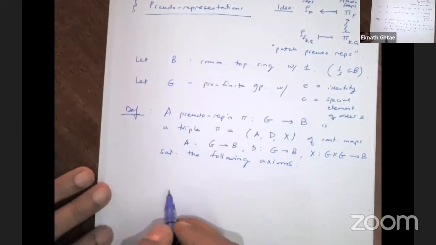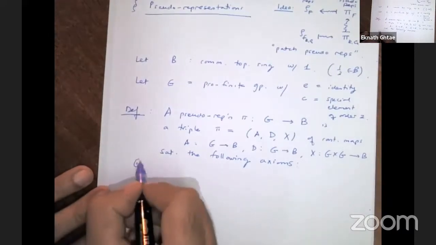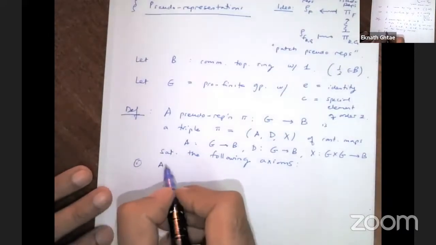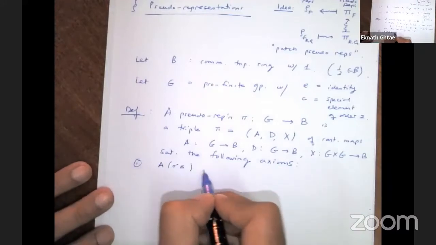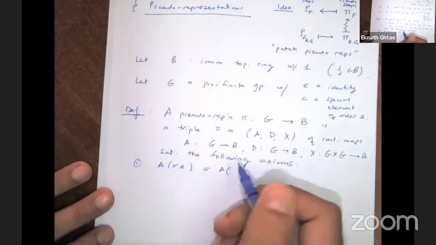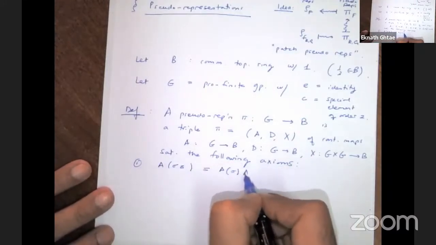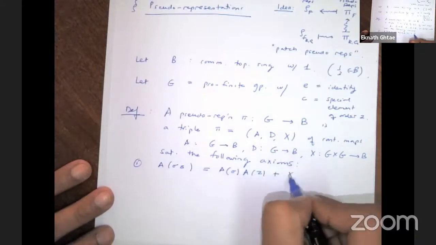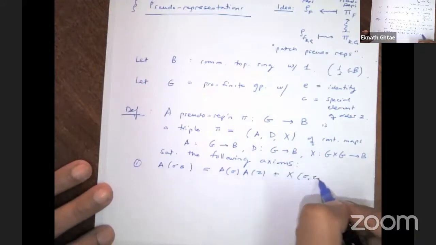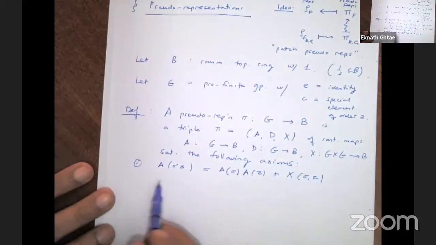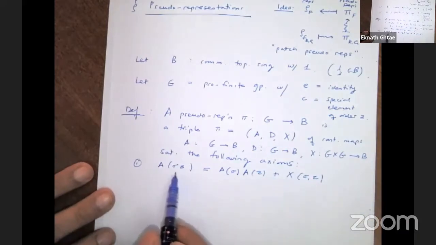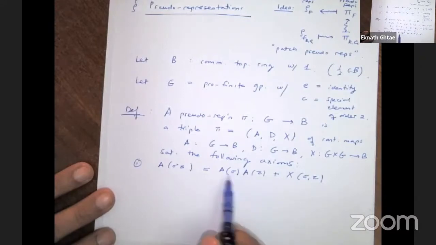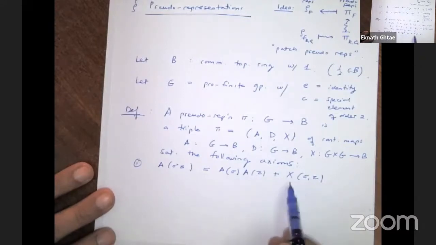Now, the axioms themselves are not important, but since unfortunately this is recorded, I have to write them down. And this is why I don't like talks to be recorded, because you can't skip steps. Okay, so this is a very natural axiom. If you take the A entry of the product of two matrices, you basically get the product of the individual A entries up to some other factor, which depends on b and c of the matrix.